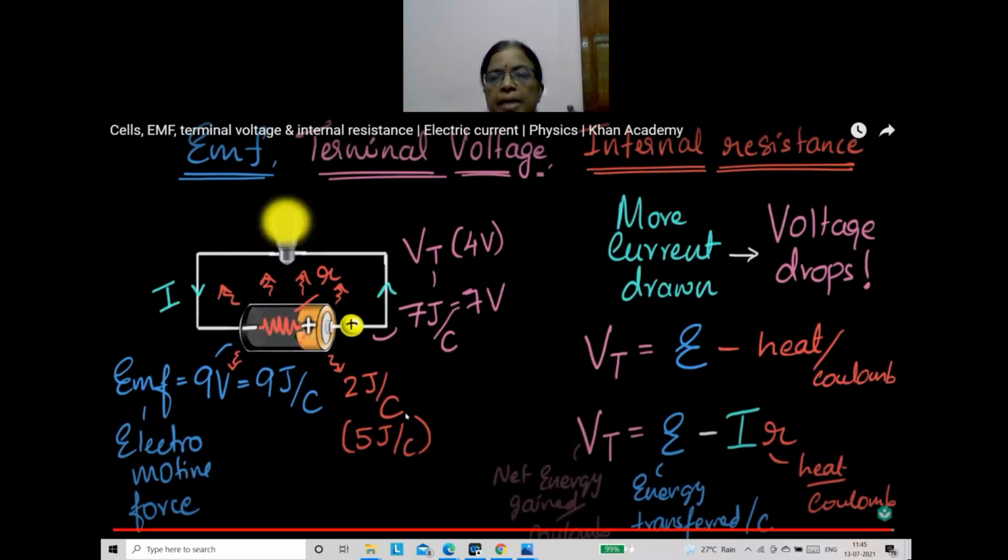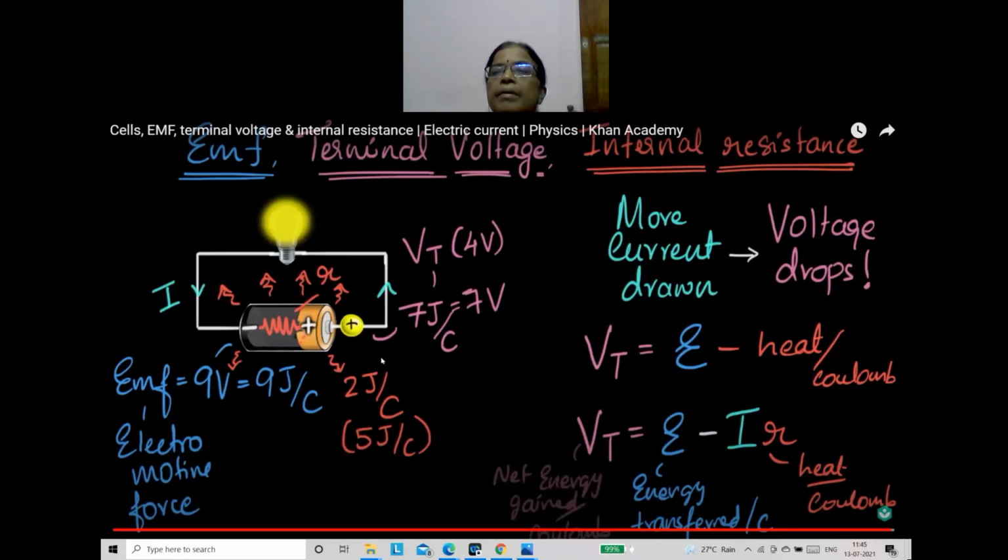But terminal potential difference is the potential difference between the two terminals of the cell when? Complete the sentence. Nivedita, Pranav, Neeraj, Rituparna, no answer.